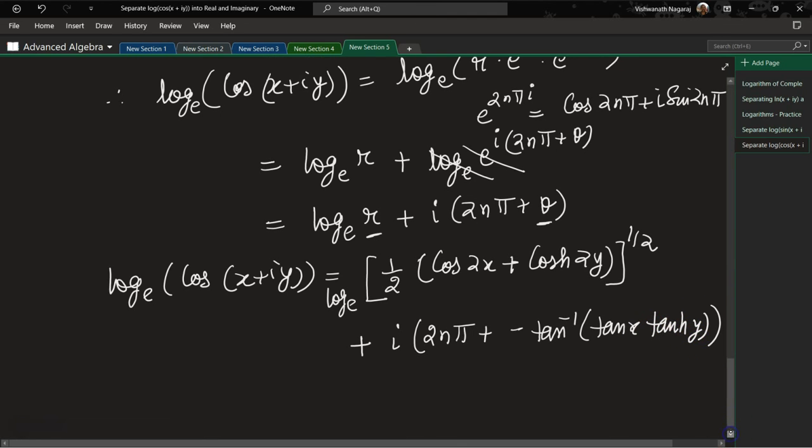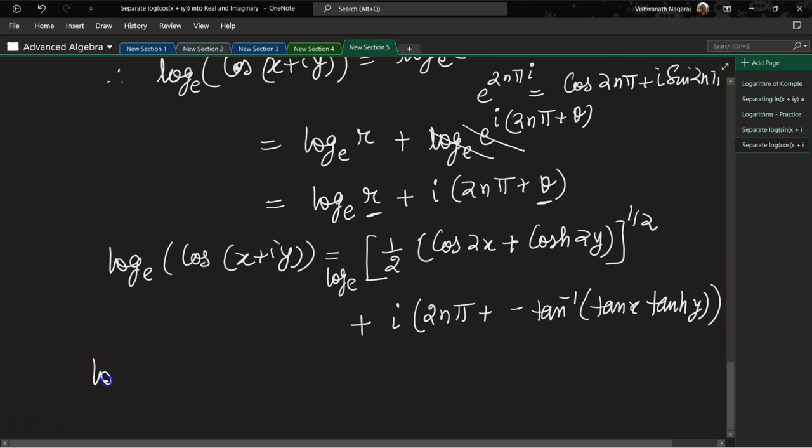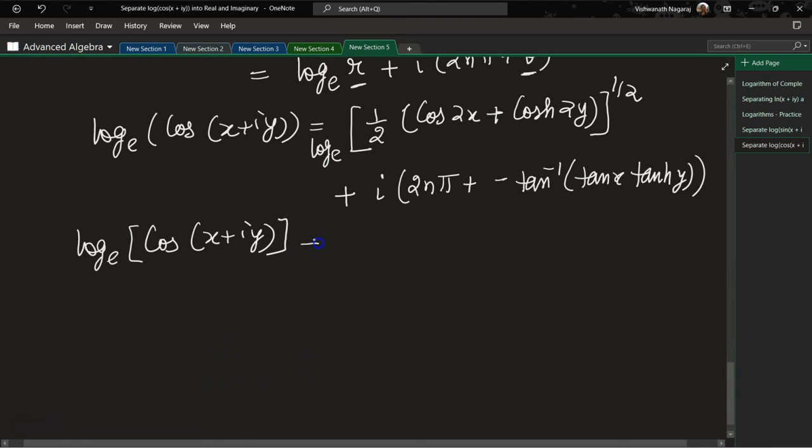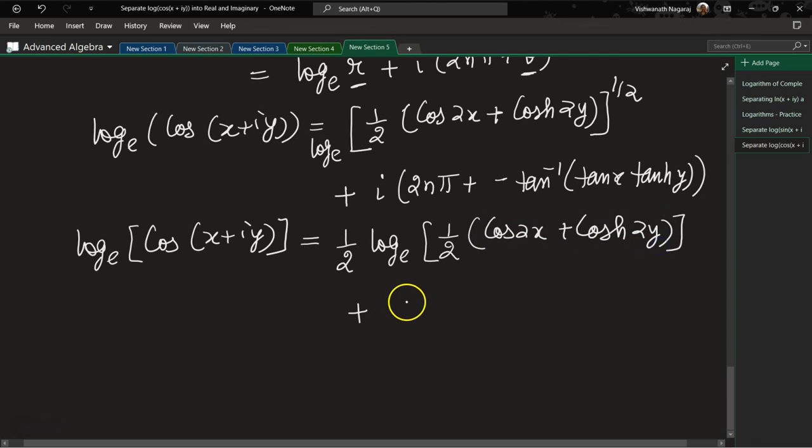So let's finally write this. Log e of cos of x plus iy is equal to, now by log rules, the 1 by 2 can be brought down. So 1 by 2 log e of 1 by 2 times cos 2x plus hyperbolic cos 2y plus I times 2n pi minus tan inverse of tan x hyperbolic tan y.